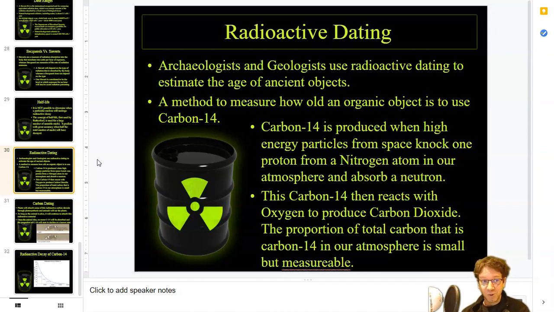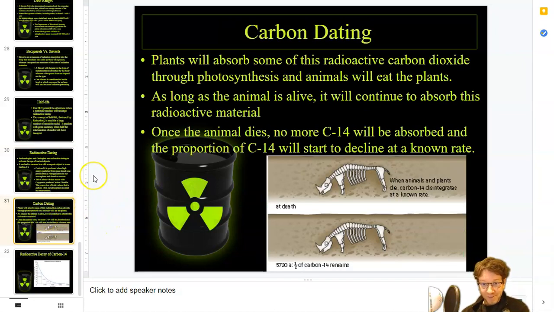Now, if you wanted to date organic objects, one of the easiest is carbon dating. Right? The carbon-14 that I just recently talked about. So what happens is there's carbon dioxide in the air. A certain percentage of that carbon in the carbon dioxide is carbon-14. It's radioactive. And we constantly breathe it in and breathe it out. Plants will breathe it in and store it.